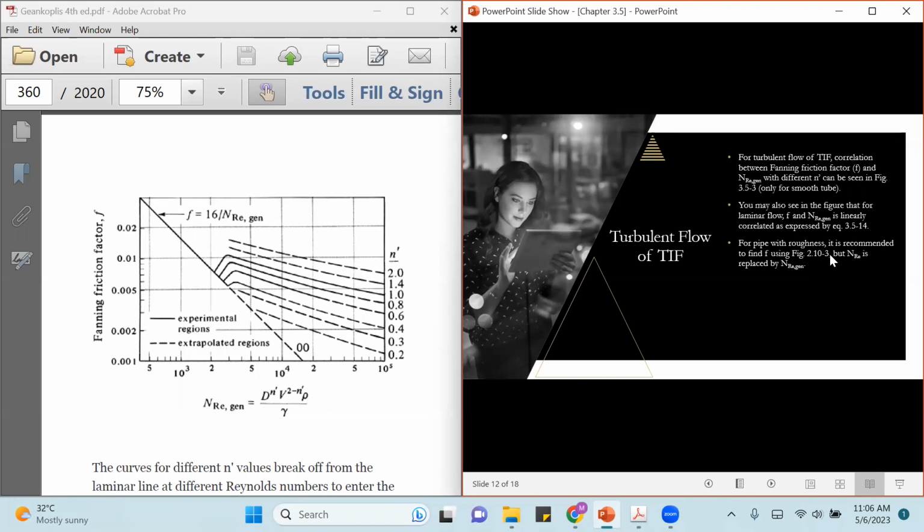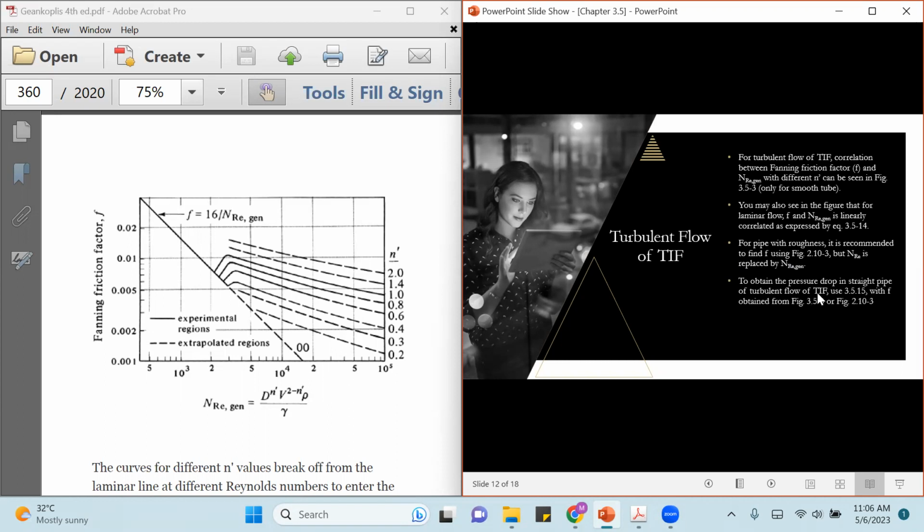So you can use figure 3 from chapter 2, but the NRE is calculated using the equation of NRE gen, not the common NRE. Then you can find F for pipe with roughness. So you will go back and forth between chapter 2 and chapter 3 for this type of calculation.